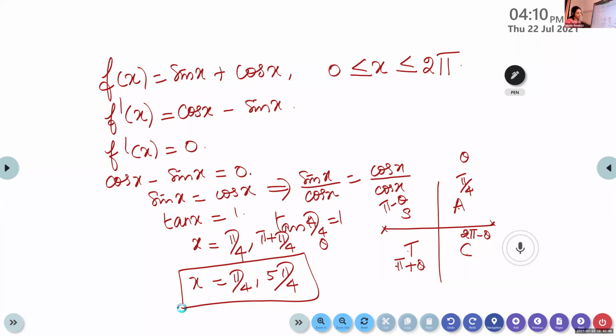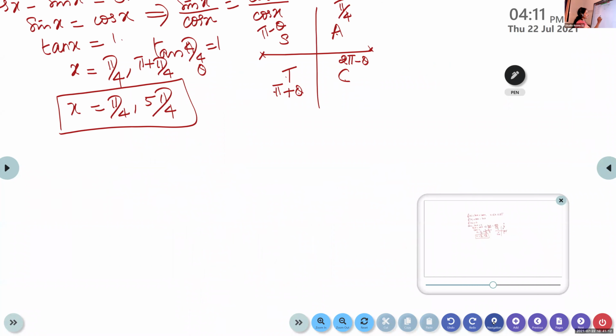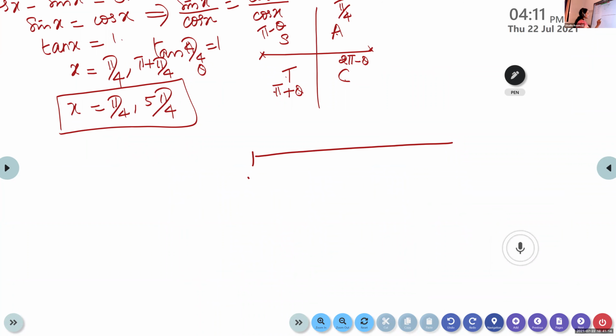Is it okay, Nandana? Yes, ma'am. Ashwin? Yes, ma'am. Okay. So we got the values of x. Now you divide this into intervals. The whole interval is from 0 to 2 pi. Here we get the value pi by 4.